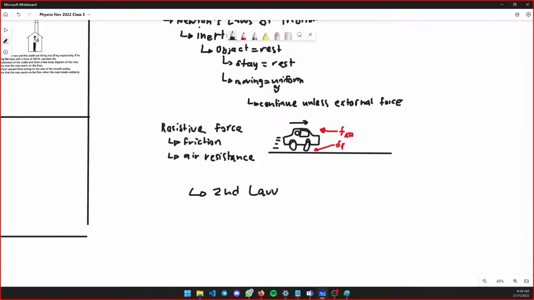So what does it state? It says that the rate of change in momentum. When they say rate of change, the moment you see this word or phrase, it's always talking about some type of time concept. Time starts to get involved. Like just now with the inertia thing, there was no time involved.